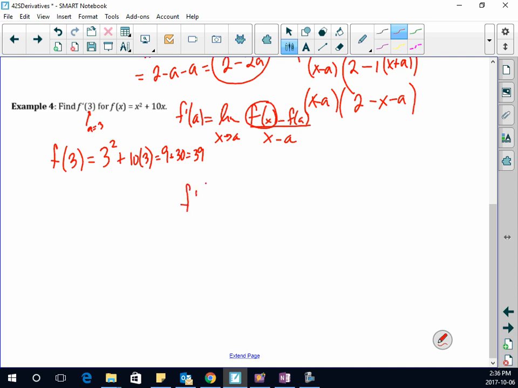F prime of 3 equals the limit as x goes to 3, because remember my a is 3, yes? F of x is x squared plus 10x. F of a is, so minus 39 over x minus 3.